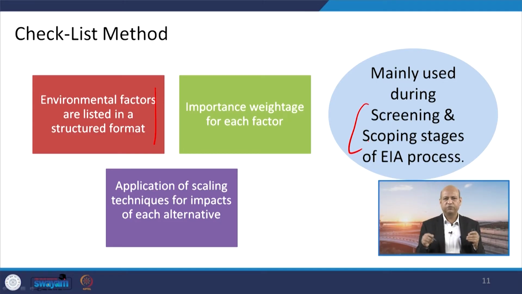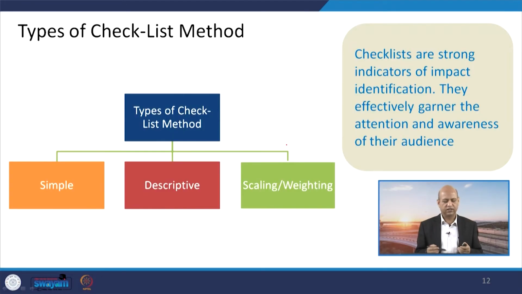This is quite frequently used in the screening and scoping stages of the EIA. Well, the importance or weightage of each factor is given to the different parameters which have been listed, and then you use scaling techniques, and the impacts of each alternative are arrived at on the basis of the weightage assigned to different activities.